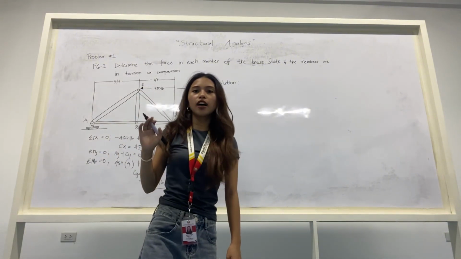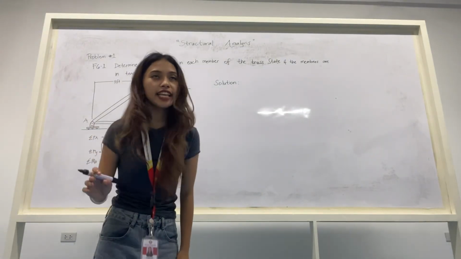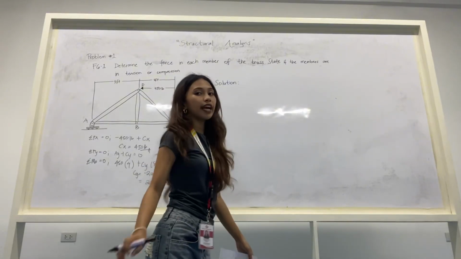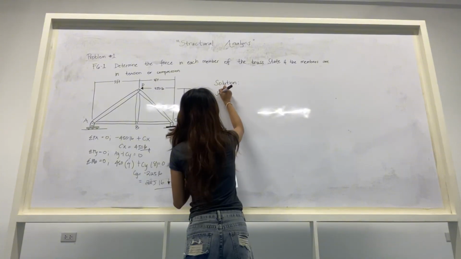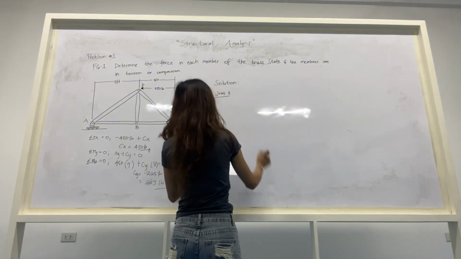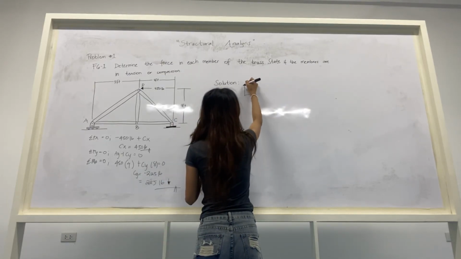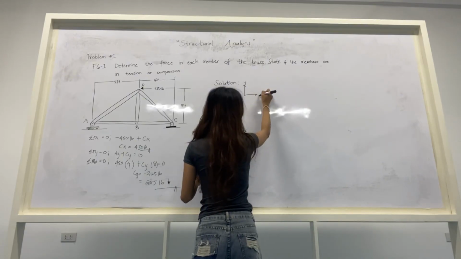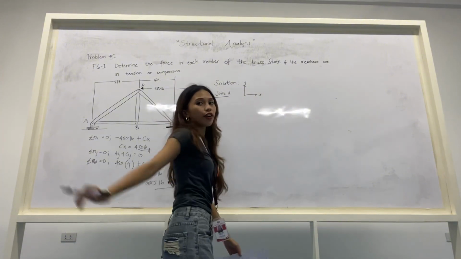For our next step, we're going to have our joint A. To solve our joint A, joint B, and joint C, we have here the joint A. For our joint, this is the line of the Y, vertical, and this is the X, horizontal.